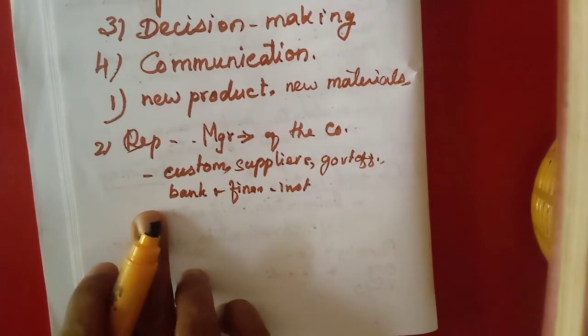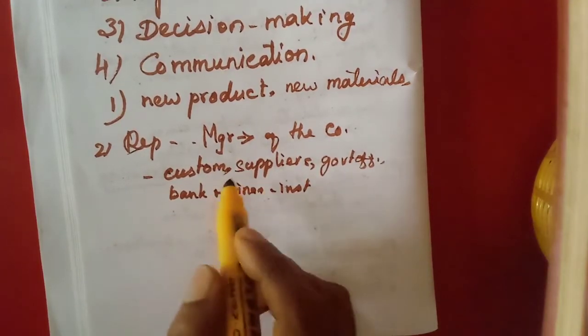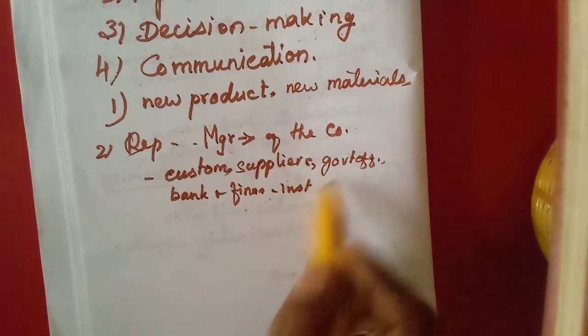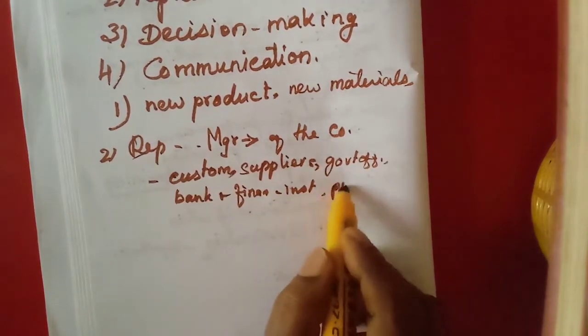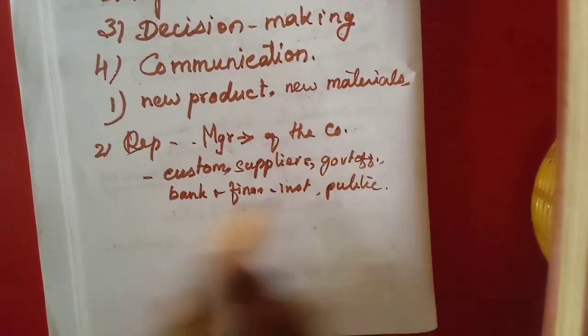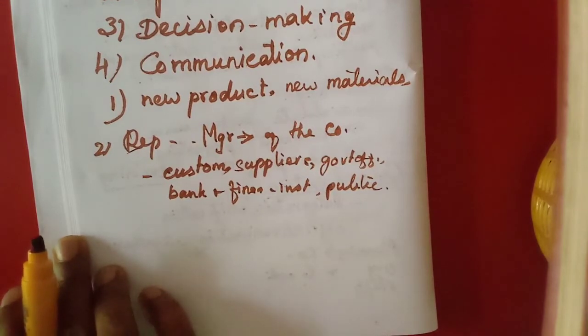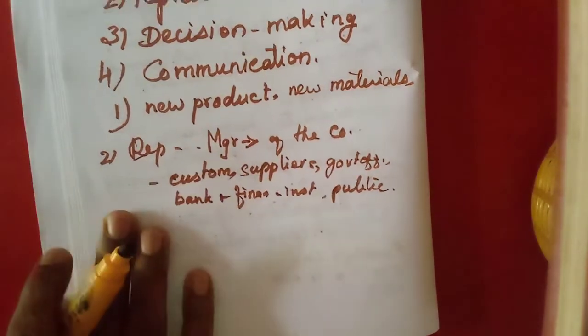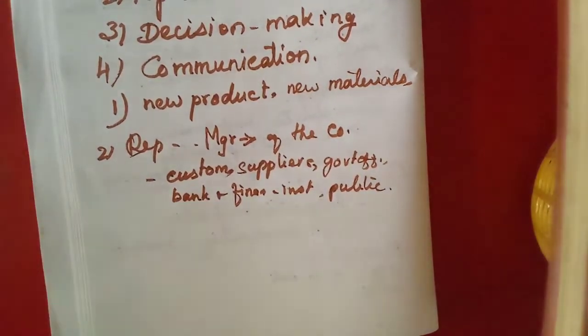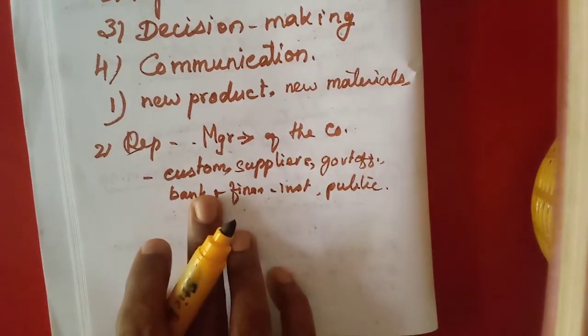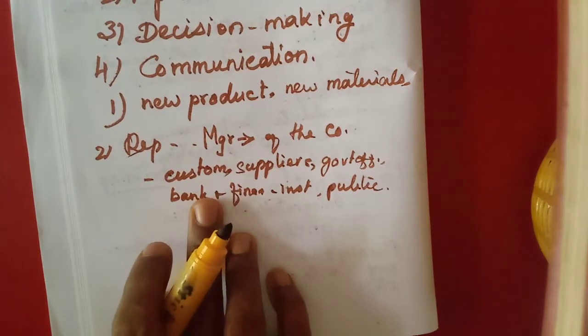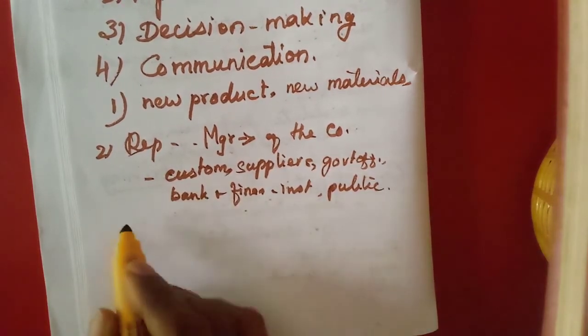We can say he must have a very good relationship with all of them. Maybe the whole public also, anyone who comes to the organization, maybe the court or any other business organization, the competitors may come. So he is the representative.